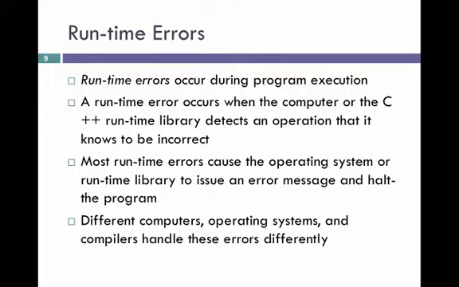Now, runtime errors occur when the program's running. The runtime errors occur when the computer or the C++ runtime library detects an operation that it knows to be incorrect. And most runtime errors cause the operating system or the runtime library to issue an error message and halt the program. And different computers and operating systems and compilers handle these errors differently.